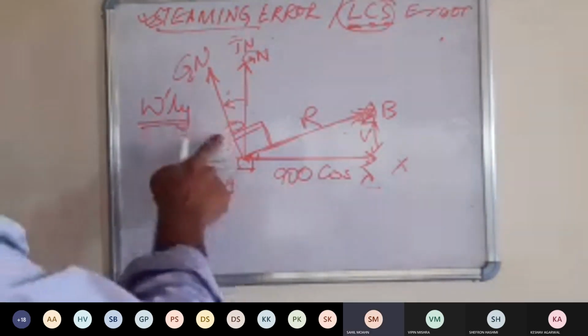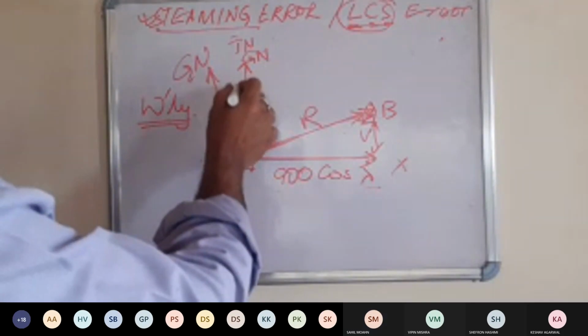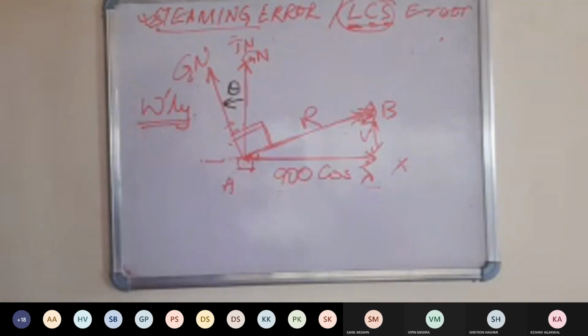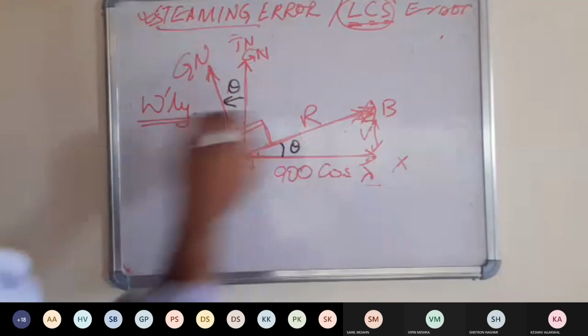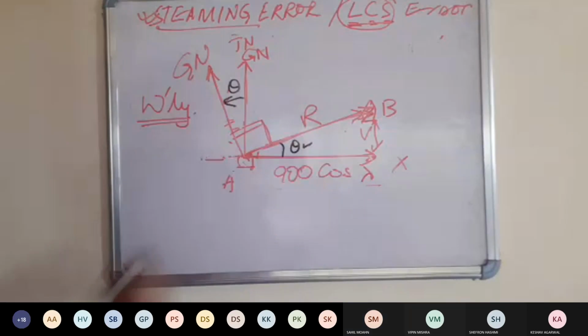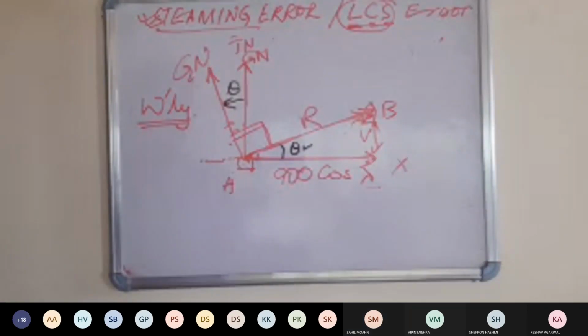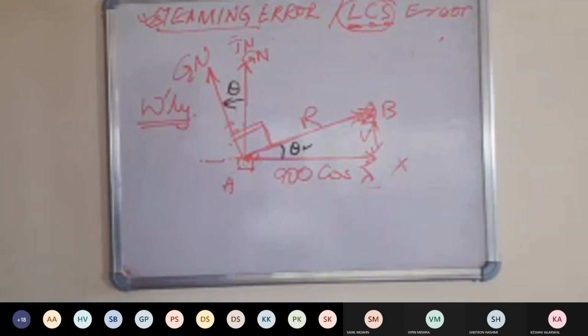In doing so, the error which is created is, let us say, theta. Is this the same theta which is created here? Yes, sir. Okay. So if we find out the value of this, we should be okay. If we find out theta, we will know the error.